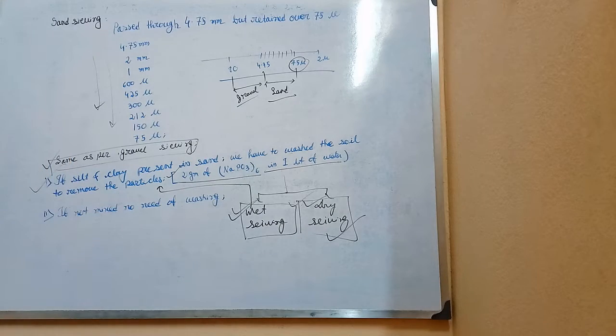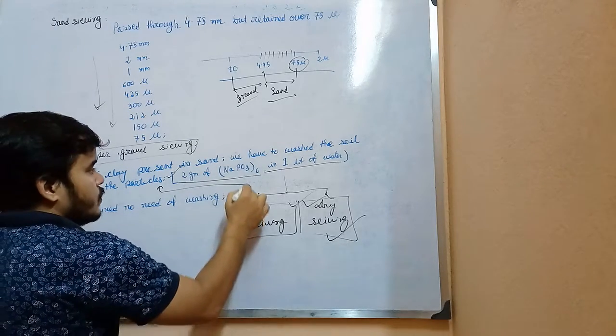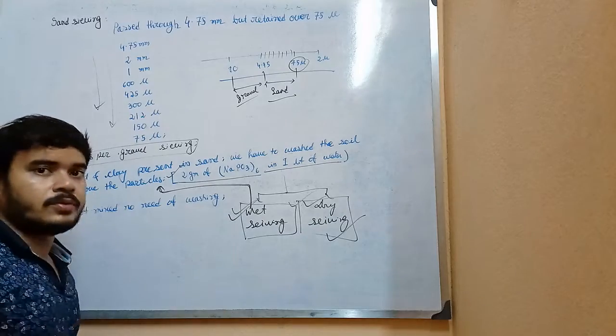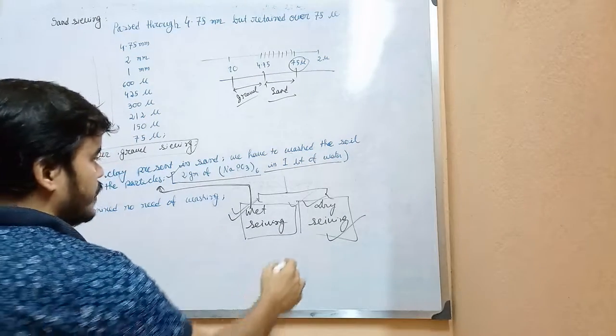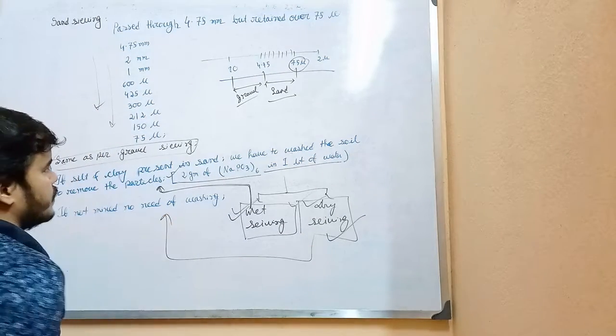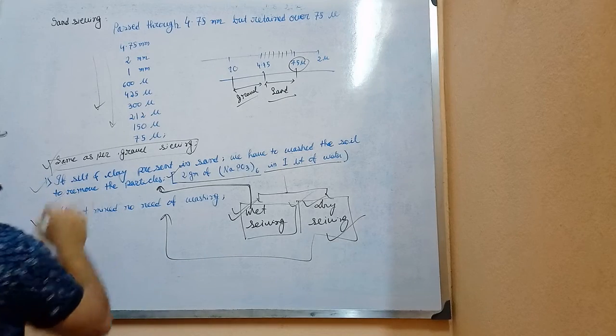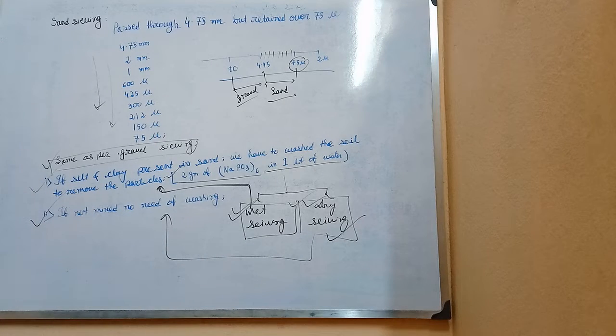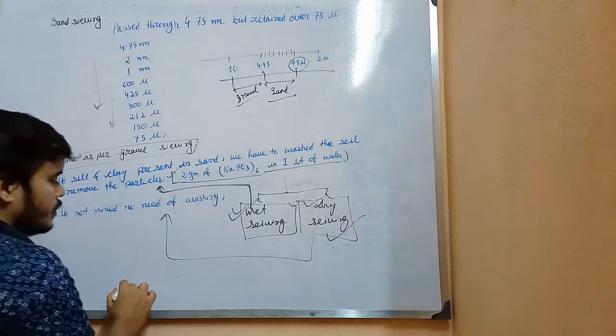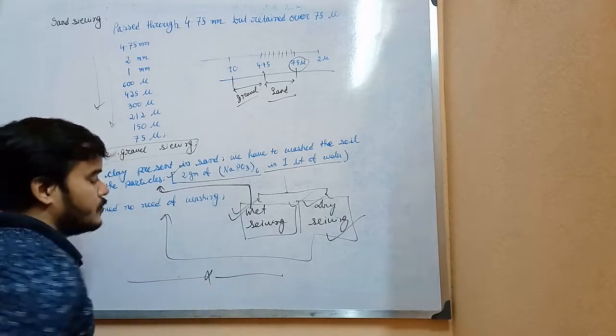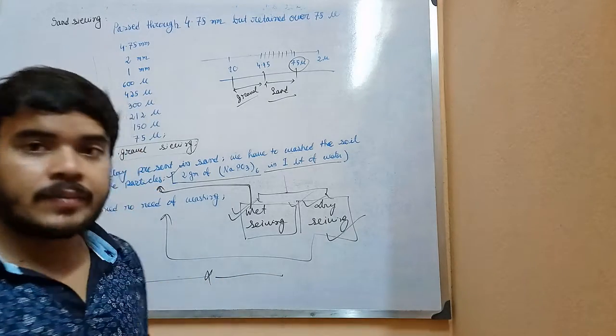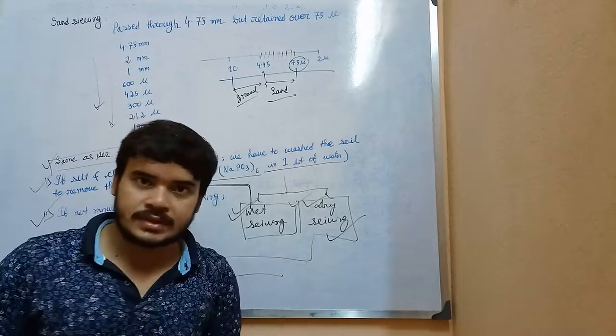As we wash the sand, it is called wet sieving. If we don't have to wash the sand, then it is called dry sieving. So these two notes are important, so write them down. Thank you for today. In the upcoming lecture, we will cover consistency of soil.